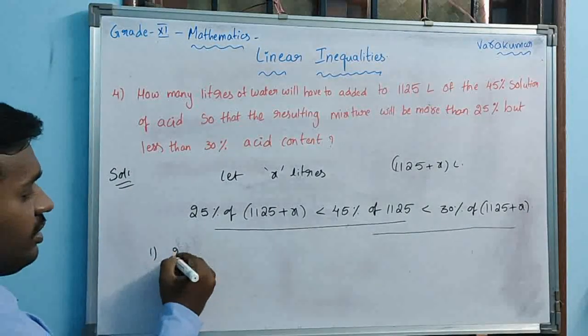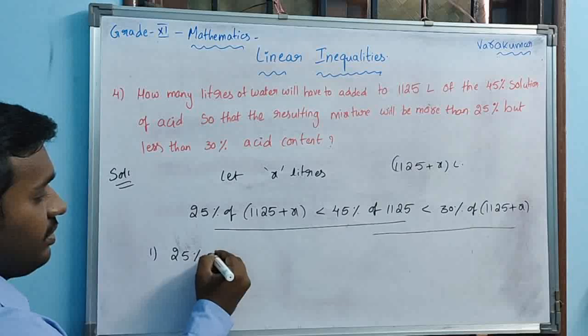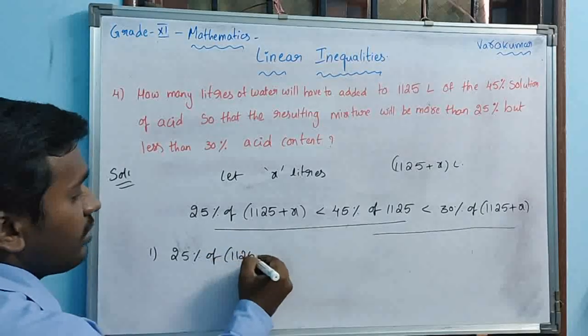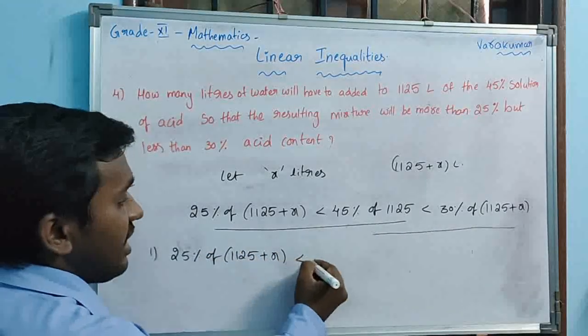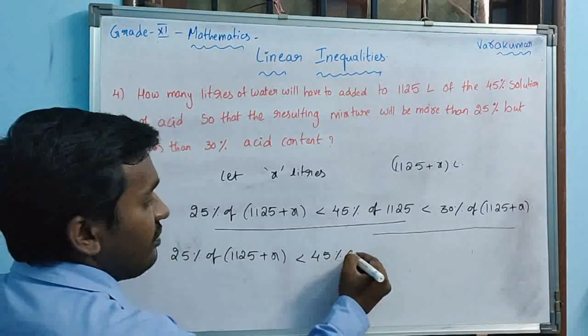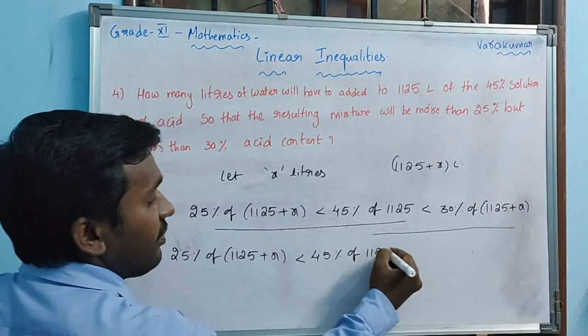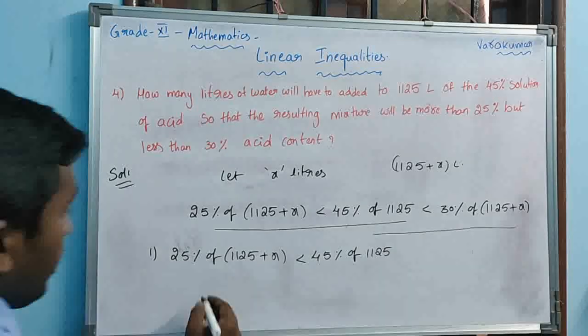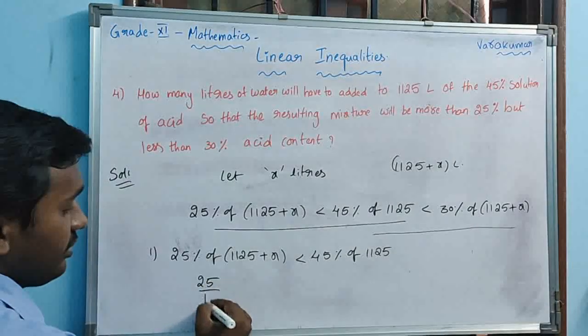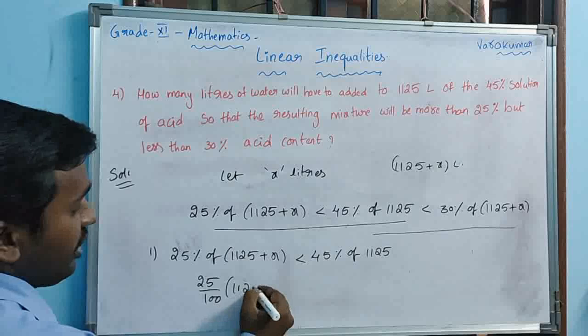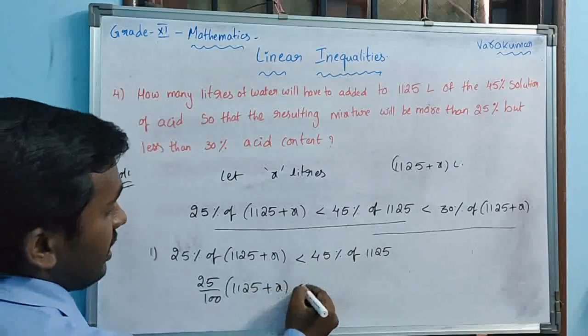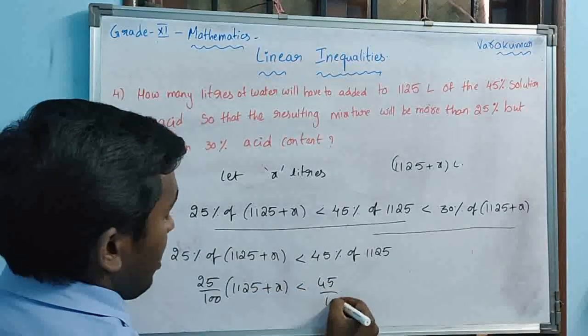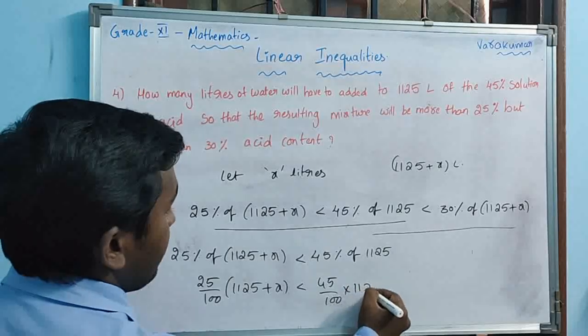First part: 25% of (1125 plus x) less than 45% of 1125. Now how to simplify? 25 by 100 into (1125 plus x) less than 45% of 1125.